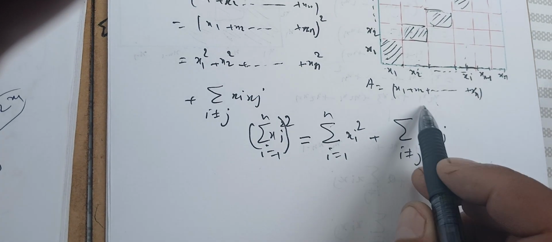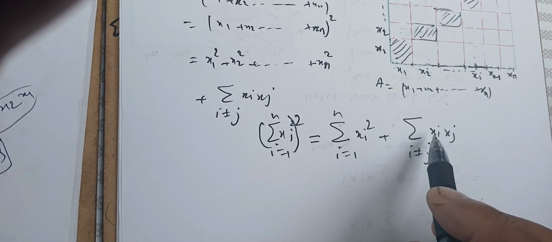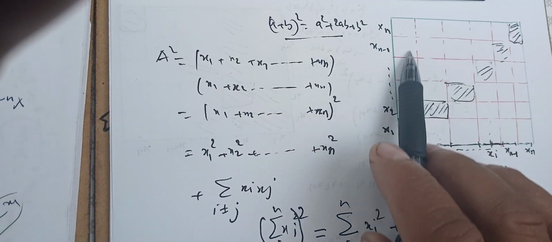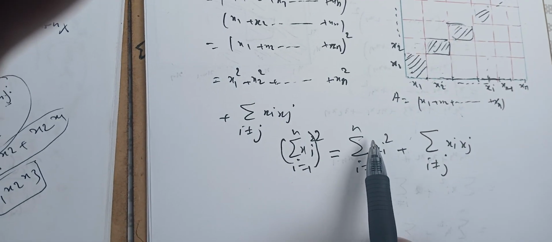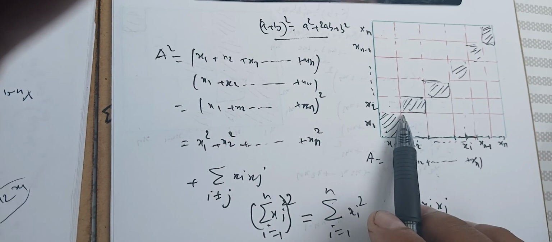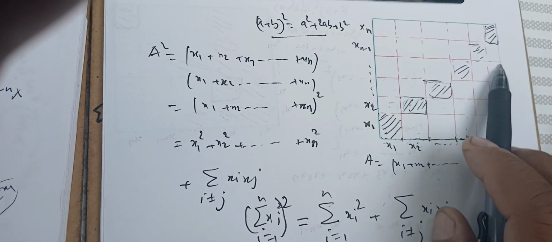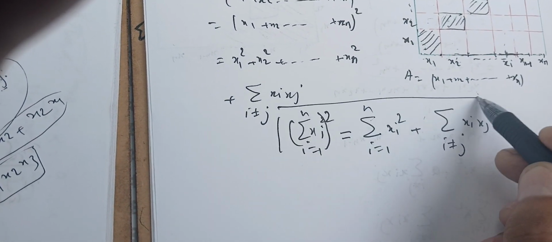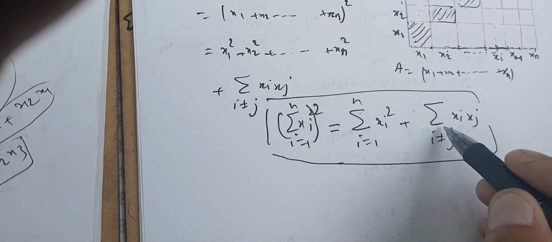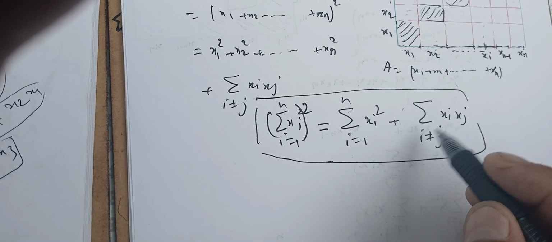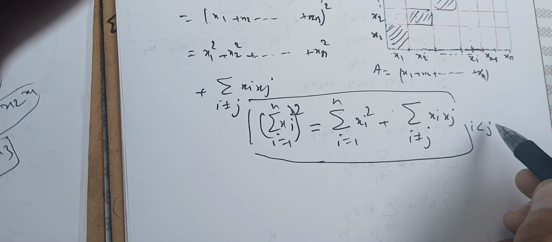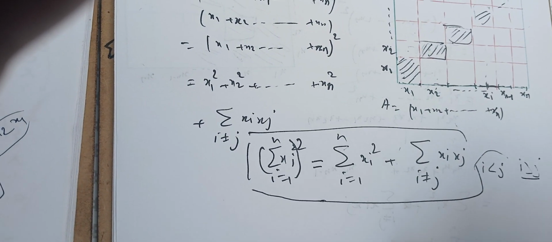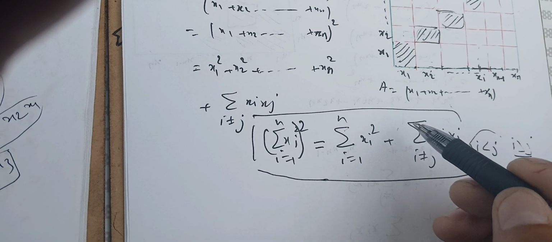I can rewrite this formula again, but for me this means that the area of the square is the sum of the area of the squares plus the area of the rectangles. That's what we need. I can simplify this formula by treating the case i less than j or i bigger than j. But I don't want to do that. This is enough for me because I want to have the 2 here.